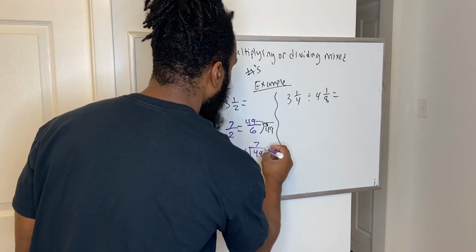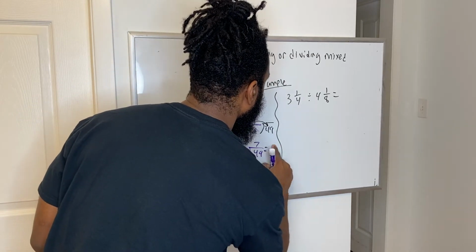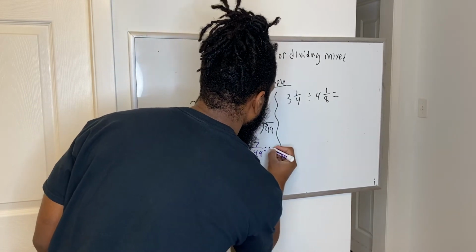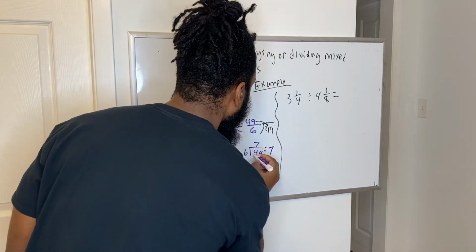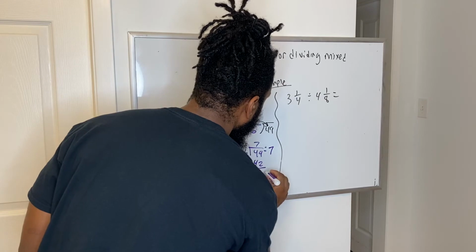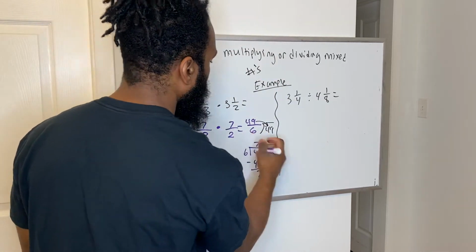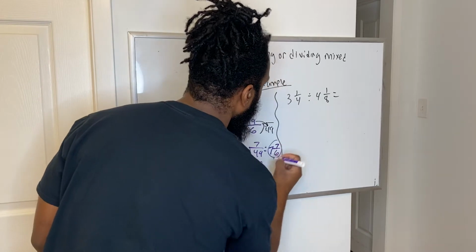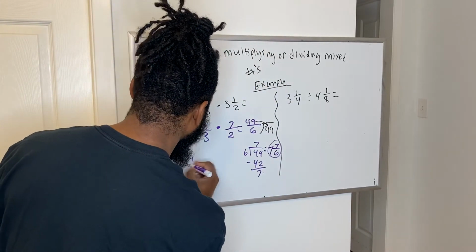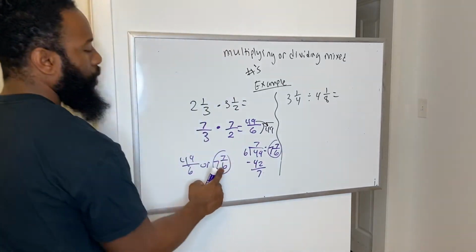It goes in 7 times. And then 6 times 7 is 42. 49 minus 42 is 7. That's going to be my numerator. And then my denominator stayed the same as 6. So it can either be 49 over 6 or 7 and 1/6. I prefer a mixed number.